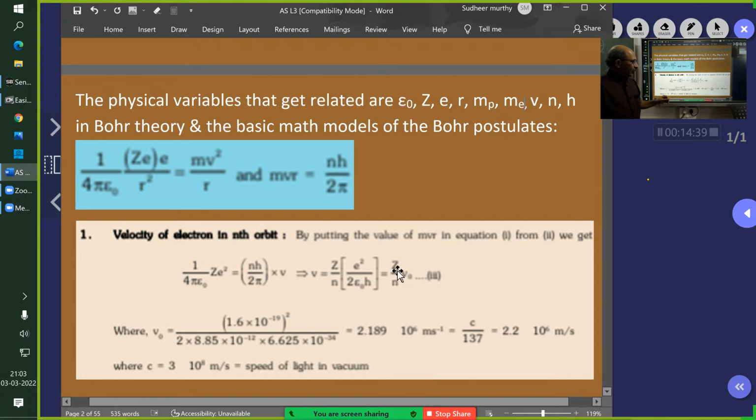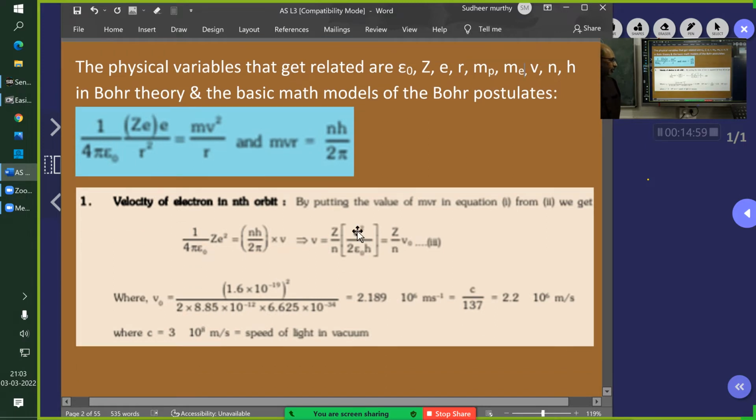See, if you take lithium, z will be equal to 3 and n is whichever orbit. N is equal to 1 first orbit, n is equal to 2 second orbit. Then this v naught will be what? The velocity of the electron in its ground state. So this is easier to remember, correct?